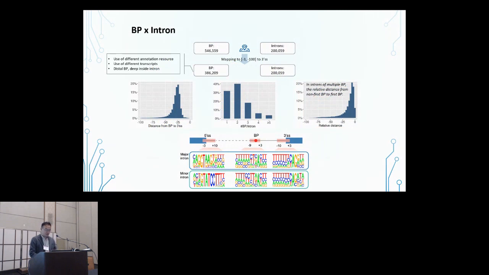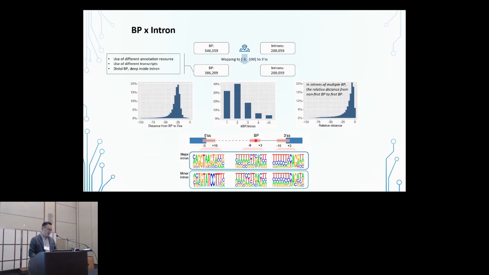If you look at the distance distribution, they are mostly distributed from -15 to -40 upstream from the 3' splice site. Looking at this region, we have seen a lot of introns have more than 1 BP. Only about 33% of the introns have only 1 BP mapped.